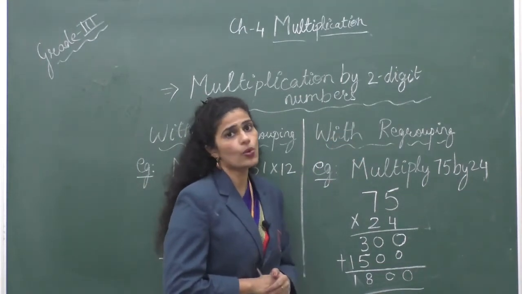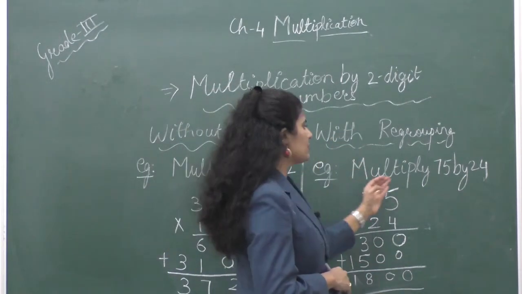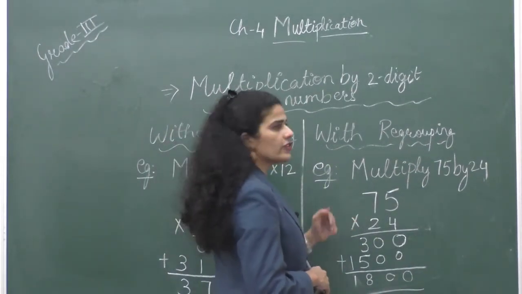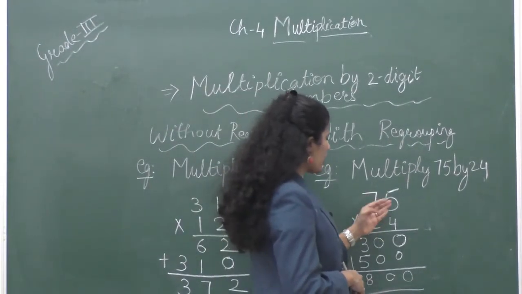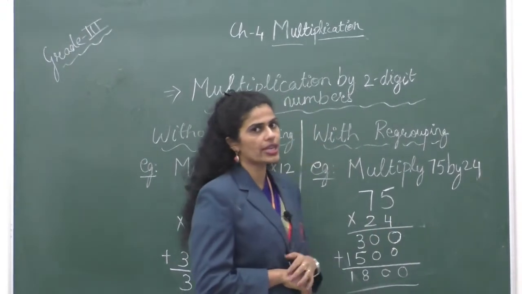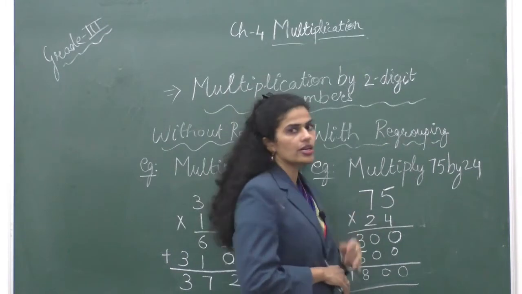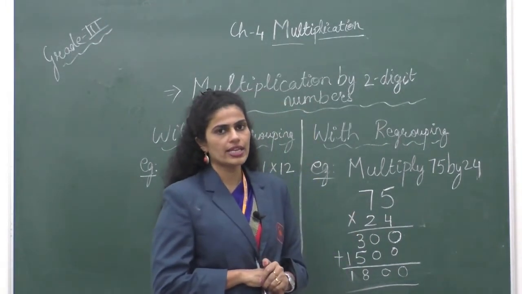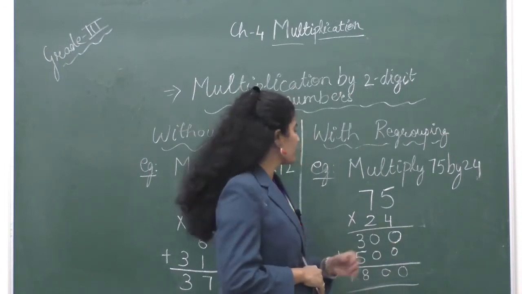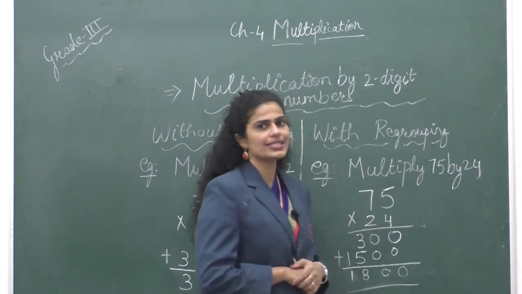Now example with regrouping, multiply 75 by 24. So 75 into 24, where 5 into 4 is 20. So we put 0 here and 2 carry. 7 4s are 28. So 28 plus 2 is 30. So here we get 300. Now 5 into 2 is 10.